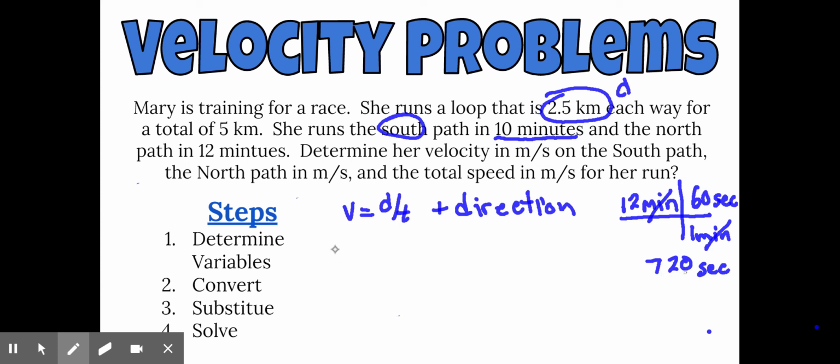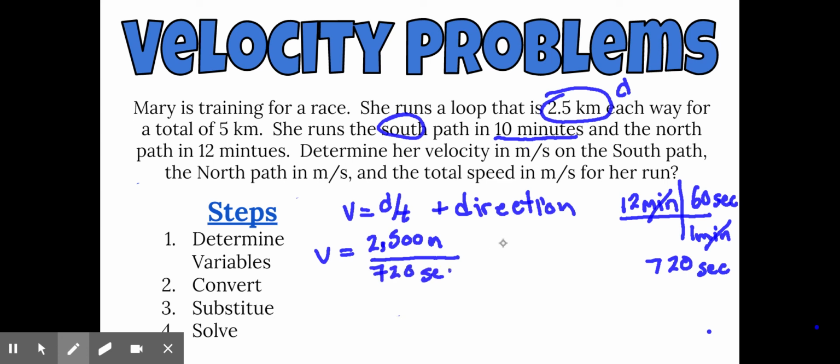So velocity equals my distance, which is staying the same at 2,500 meters or 2.5 kilometers, the same thing, over 720 seconds.